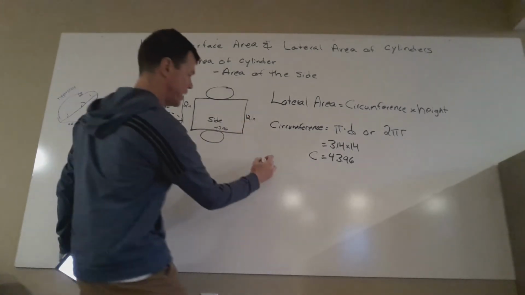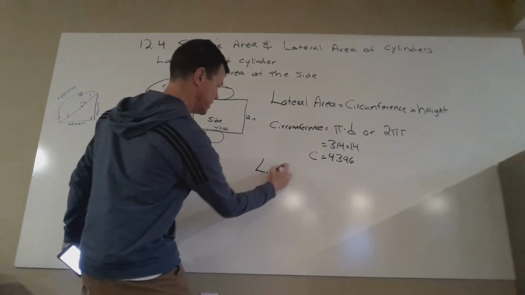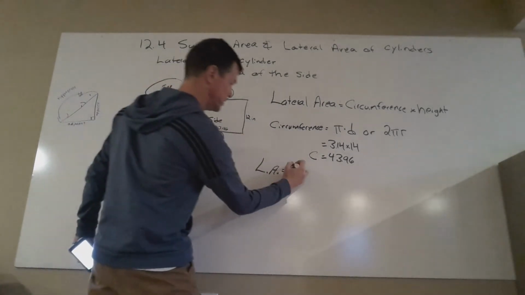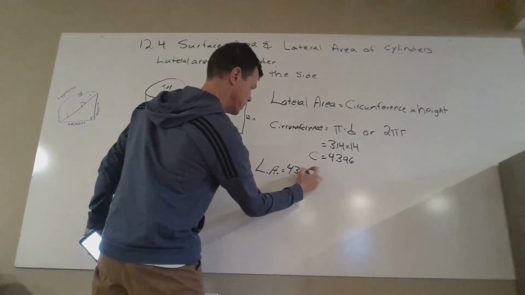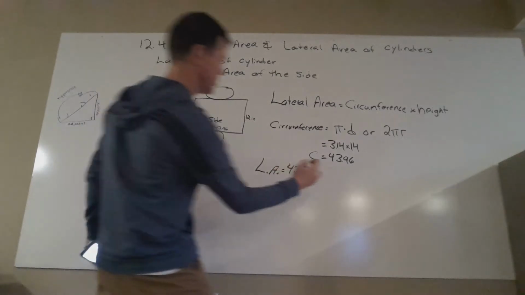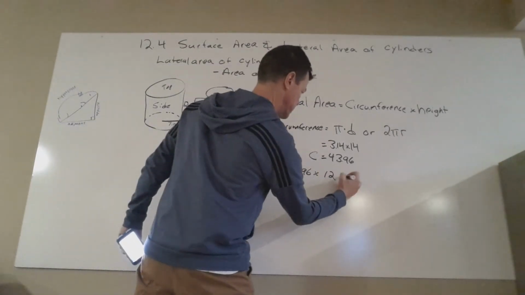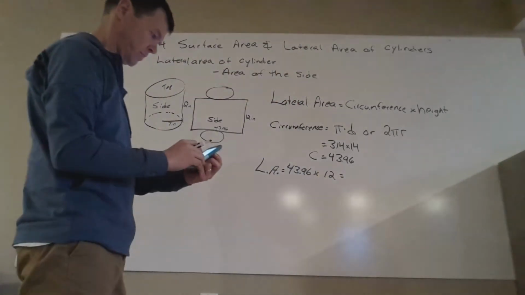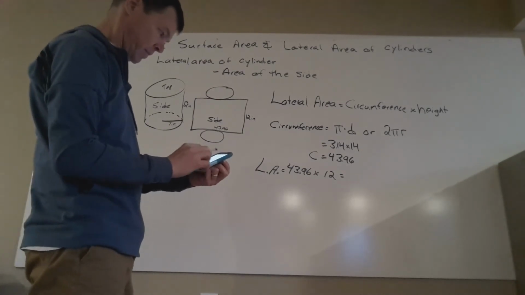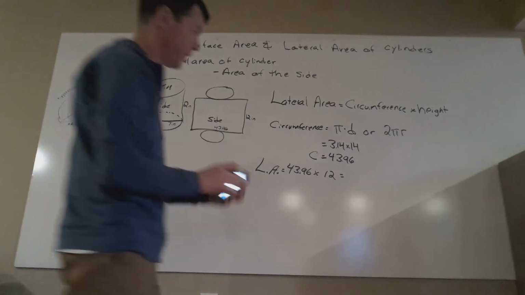And so then lateral area, I'll abbreviate LA, equals 43.96 times 12. Very simple. 527.52.